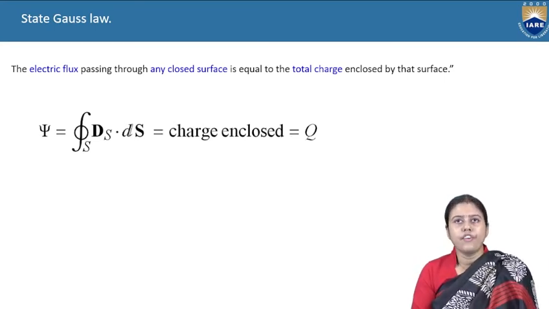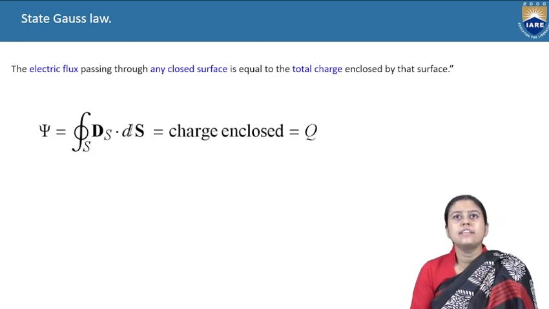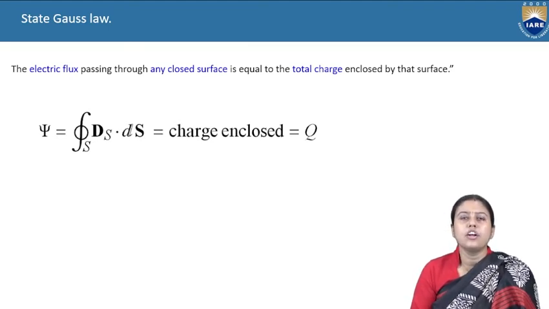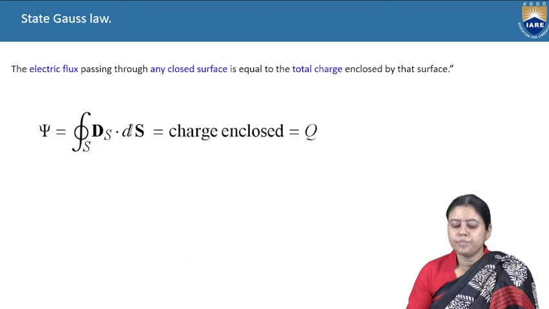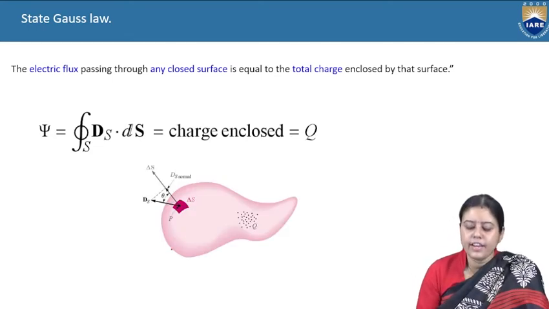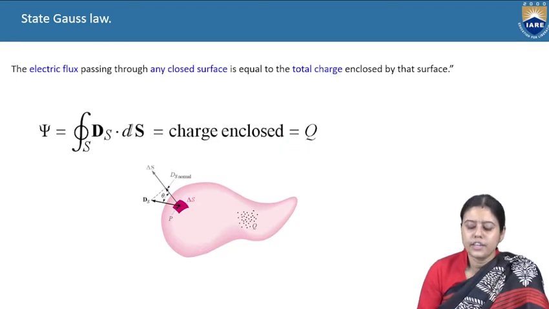The electric flux passing through any closed surface is equal to the total charge enclosed by the surface. So we can write psi, the total electric flux, is equal to the integral of D dot dS, where dS is the surface area, which equals the charge enclosed Q.